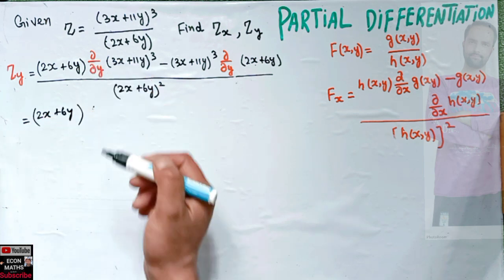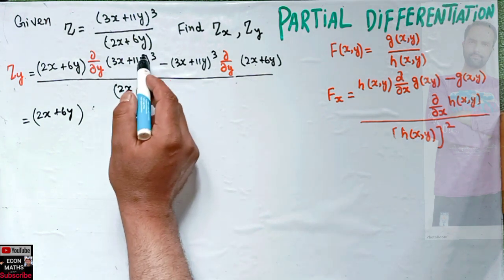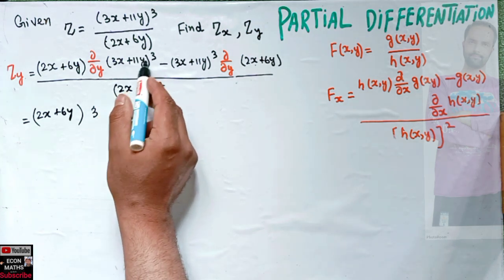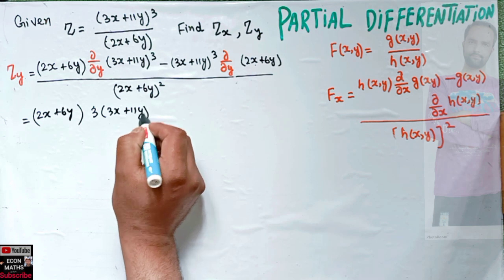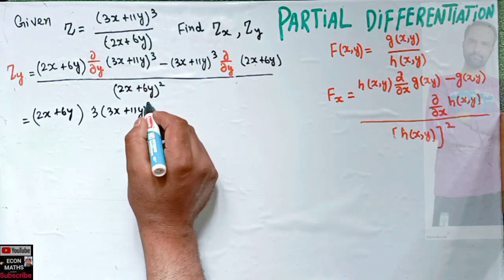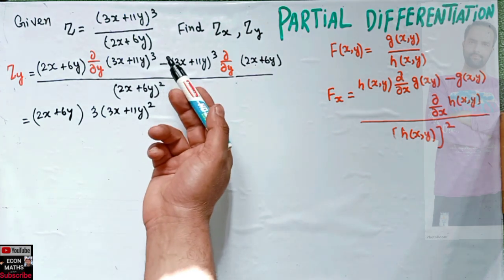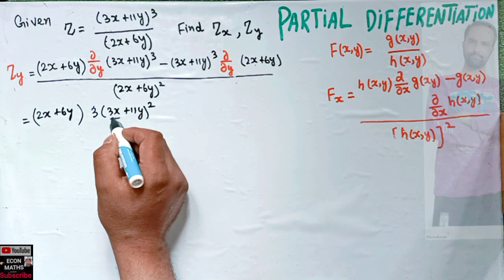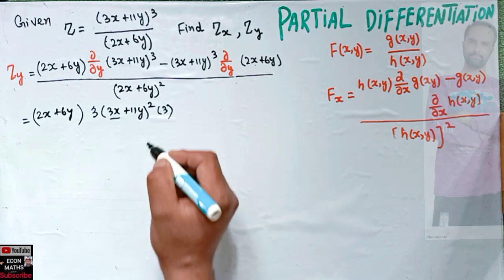Now the derivative of this function, as I have explained it here. First we need to take the power function rule. That means (3x + 11y), 3 minus 1 is 2, so this becomes square. First we use the power function rule, then we have to internally differentiate. So the derivative of 3x is 3, so we multiply it by 3.